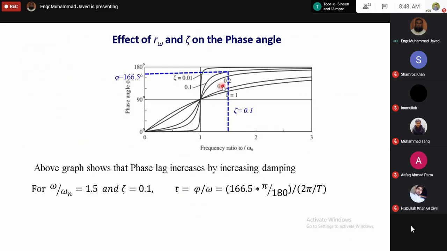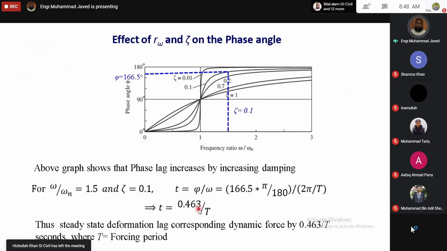So this graph shows that when frequency ratio is 1.5, damping ratio is 0.1, the t is 0.463 by T. If I explain it further, let the T, which is the forcing time period, that is the time required by the harmonic force to complete one cycle, is 1 second. अगर आप T 1 सेकेंड ले लें, एक हार्मोनिक फोर्स एक साइकिल जो है 1 सेकेंड में कंप्लीट करता है.